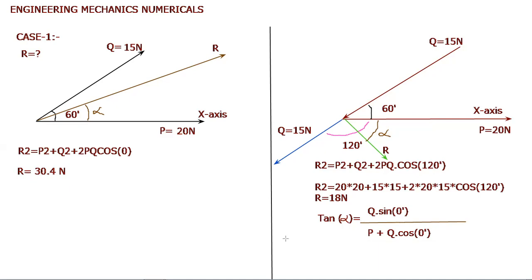The formula will be the same. Now you have to put the values: Q as 15 Newton and P as 20 Newton.